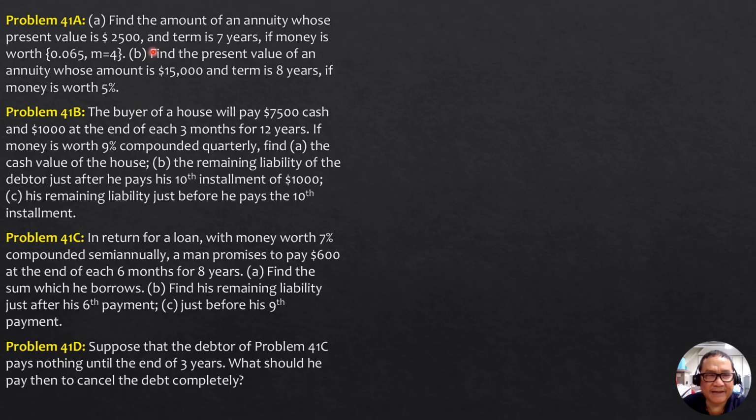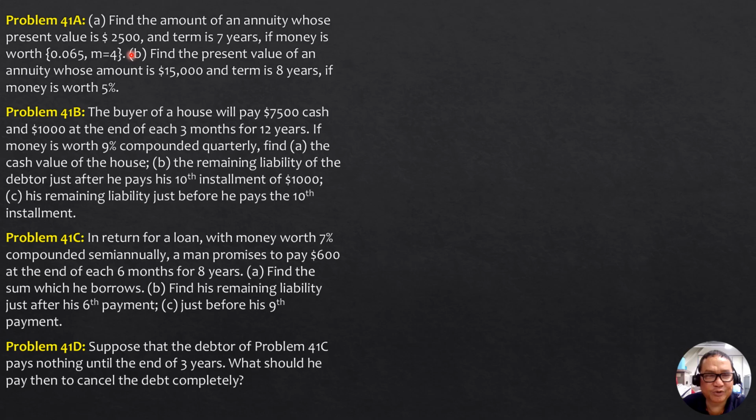So for part A, given the present value, find the future worth of the annuity. In this problem, there's no need to compute for the annuity or the annual payments. We just proceed directly to the bridge between the future worth and the present worth.